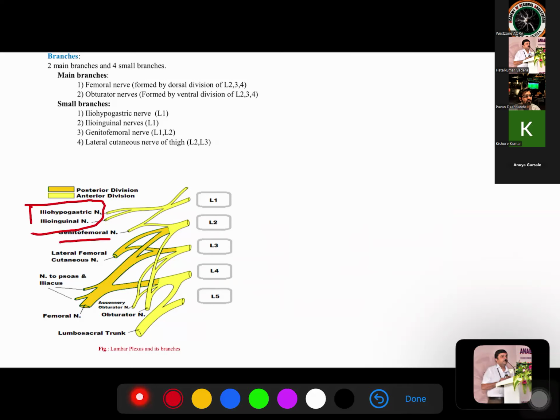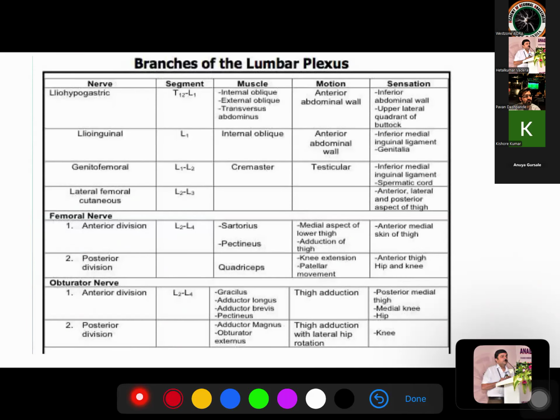L2, L3, L4 divide into anterior and posterior divisions. The anterior divisions of L2, L3, L4 give rise to the obturator nerve, and the posterior divisions of L2, L3, L4 give rise to the femoral nerve. These are the branches of the lumbar plexus.